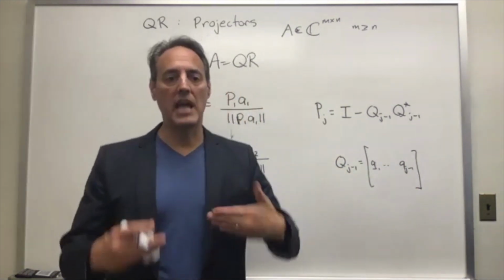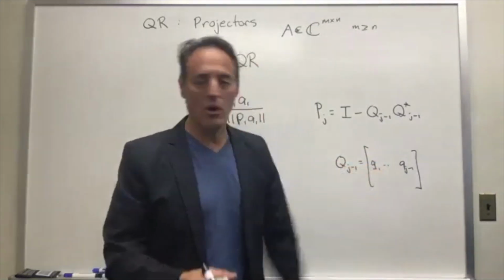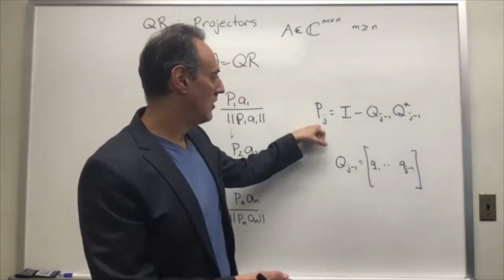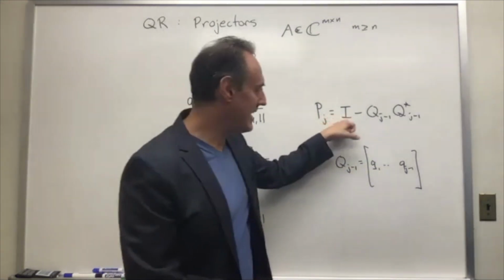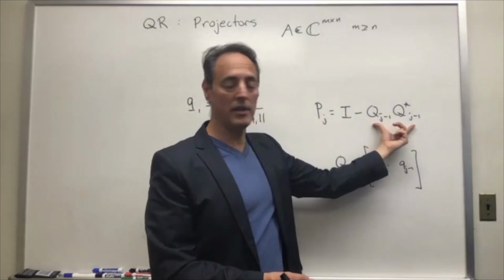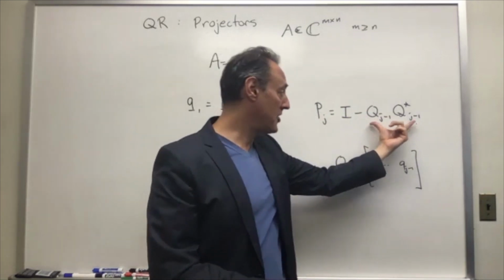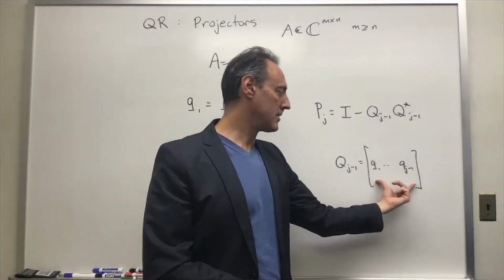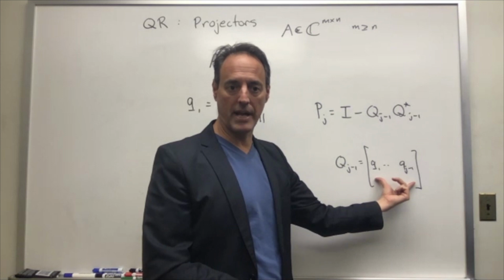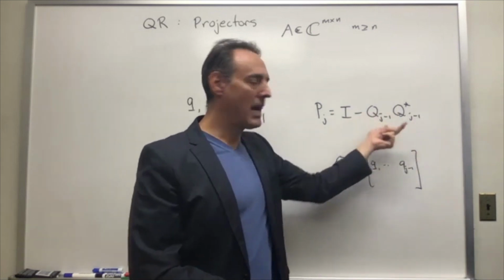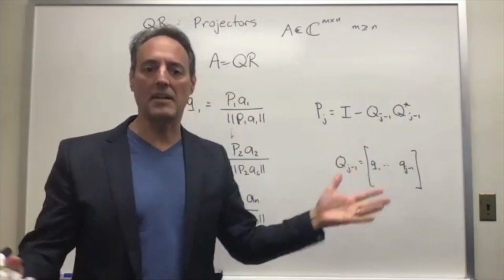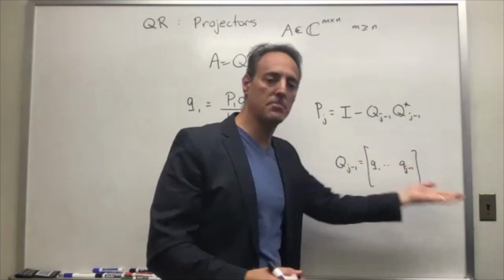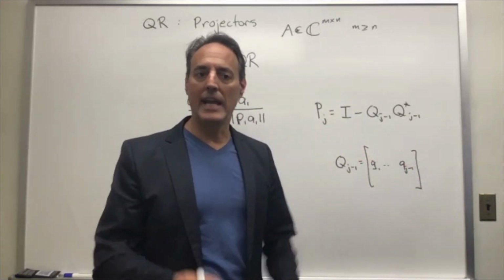And now I want a new direction orthogonal to all of these. Well, how do you do it? Right there. There's your projector. Identity minus Q of j-1, Q of j-1 star. So remember, this projector here gets me into the subspace that's spanned by these j-1 elements. And I minus this is the complement of that. So this puts me in a space that's orthogonal to this space. Okay? It's as simple as that.